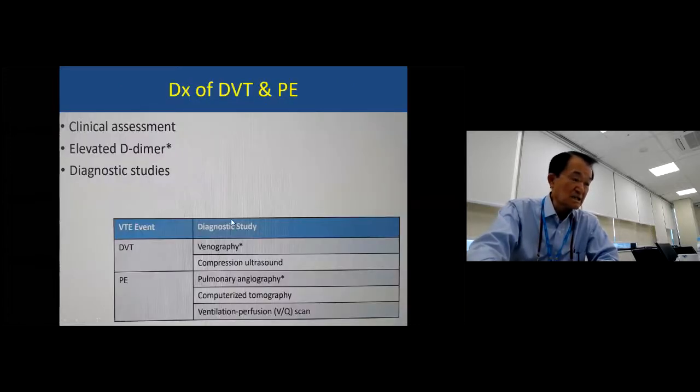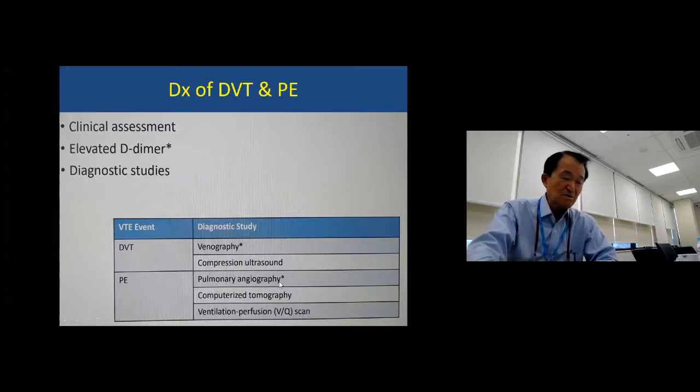So clinically, we can have ultrasound and venogram for venous thrombosis, and then CT is usually done first, and then if there's a question, nuclear medicine lung scan and pulmonary angiogram.